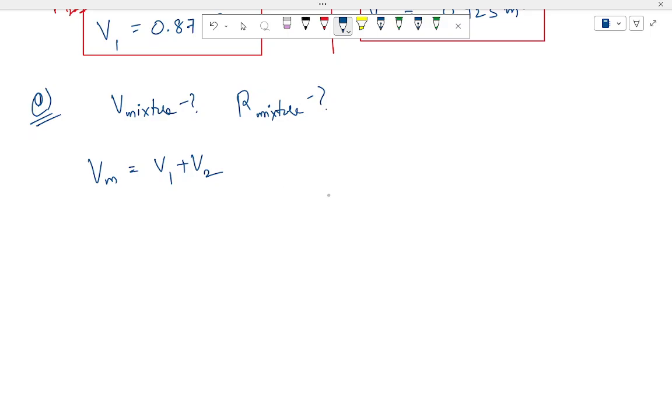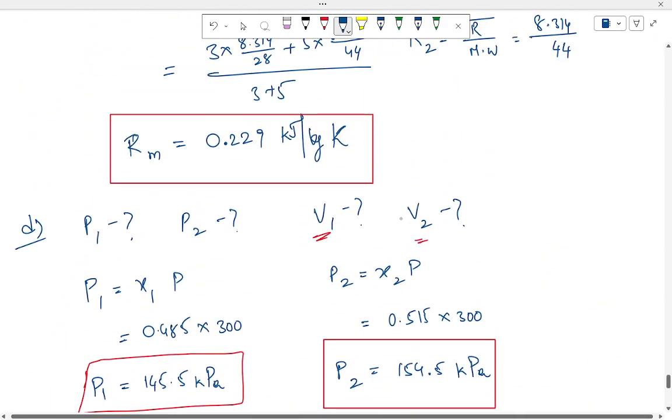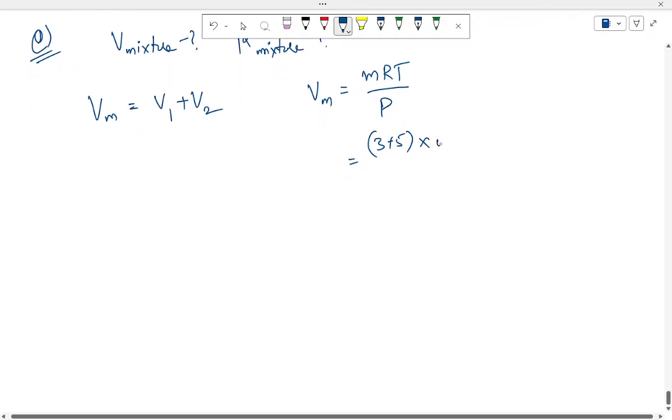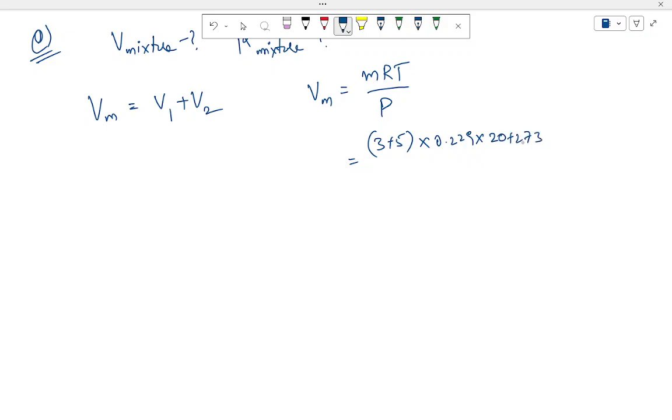Otherwise, you can do it using one more formula, that is V of mixture will be equal to M into R into T by P, where you have this M as 3 plus 5, which is 8, and the R value you have found out in question C, I guess. It is 0.229, and the temperature value is 20 plus 273, you know it, by the pressure value of 300 kilopascal, you know it, and you can get the V of mixture value.